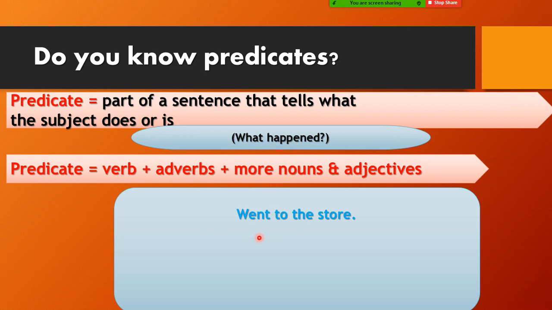Went. Excellent. And then, to the store. This is a prepositional phrase because it starts with a preposition, to. Of course it doesn't give me a complete meaning, but we will call all this a predicate because it has went, which is the verb, followed by some other complement of the sentence.